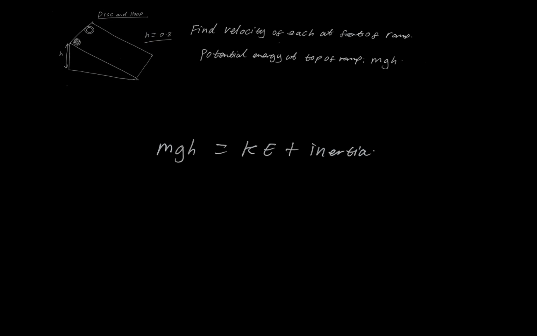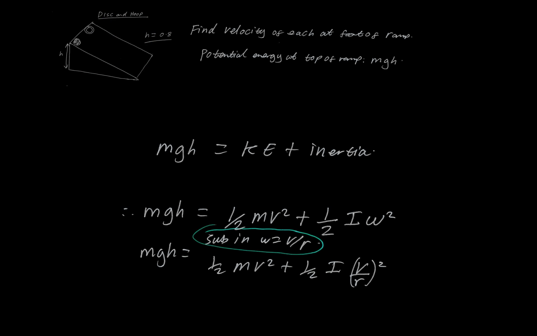mgh is now a kinetic energy term plus an inertial term. So kinetic energy will equal 1/2 mv squared plus 1/2 I omega squared. We're going to substitute in here and do things in terms of v. So let's sub in v over r for omega, and we'll end up with mgh is 1/2 mv squared plus 1/2 I (v over r) squared.